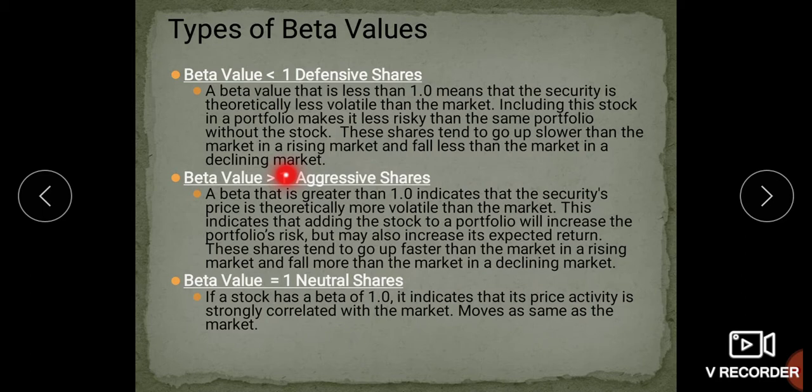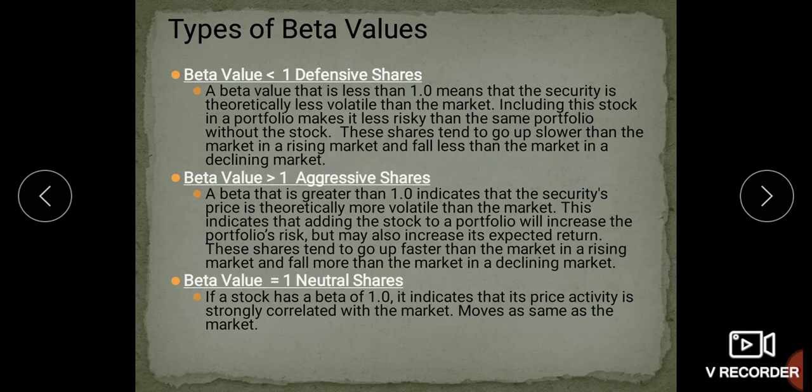In a declining market, imagine that the market is declining at a faster rate, but since the beta value of the share is less than 1, definitely the share price will fall, but at a lesser rate than the market.